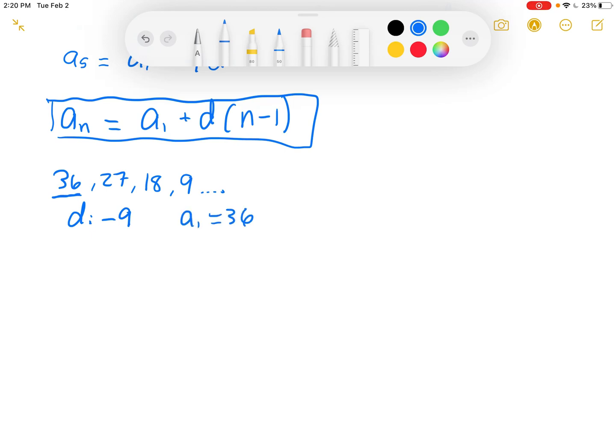So therefore, the explicit formula for the sequence would be A sub n is equal to 36 plus negative 9 times n minus 1. If we were to say find the 10th number of the sequence, that's what we were looking for, we can simply replace n with 10.